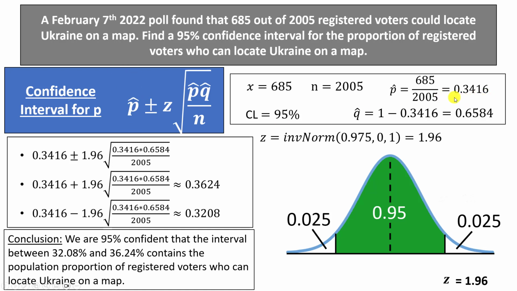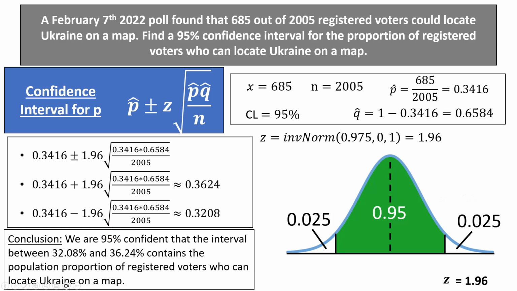Most likely, our p hat, which we would call our point estimate for the population proportion, is off by a little bit. This is probably not the true population proportion. So instead of just relying on this number, we added and subtracted some margin of error to find an interval to which we can be 95% sure that the true proportion falls between.